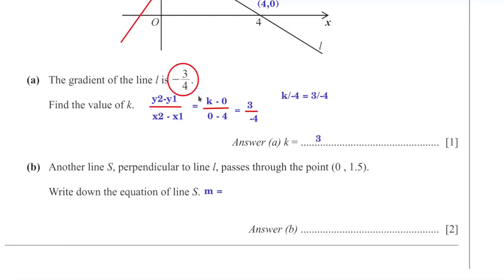So the negative reciprocal of that is actually a positive 4 over 3. And so the equation of the line is going to be y equals 4 over 3 x plus 1.5, where your 1.5 is nothing but the y-intercept.